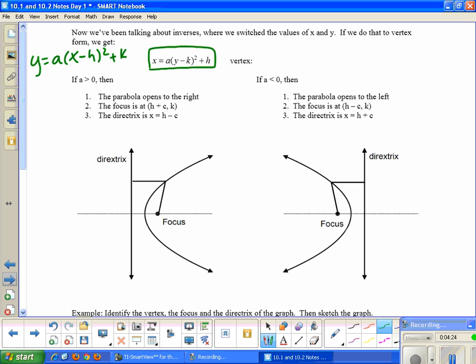The vertex here is still h comma k because this h value is still an x and k still stands for y, so the vertex is still at the same point. You just have to remember that when it's in this form, your h is on the outside and it's the opposite of your k value, so it's switched. Now when your a value is greater than 0, your parabola is going to open to the right.